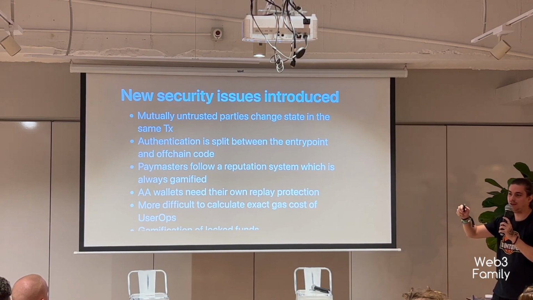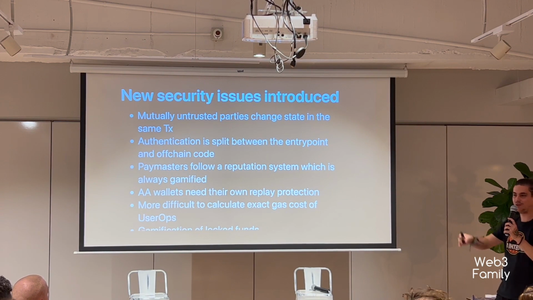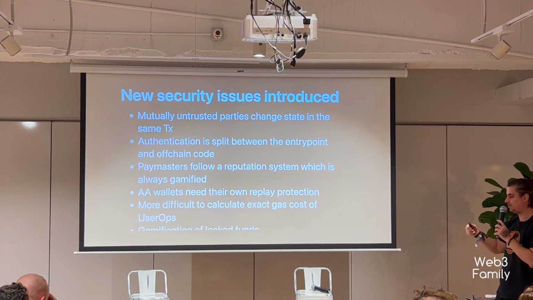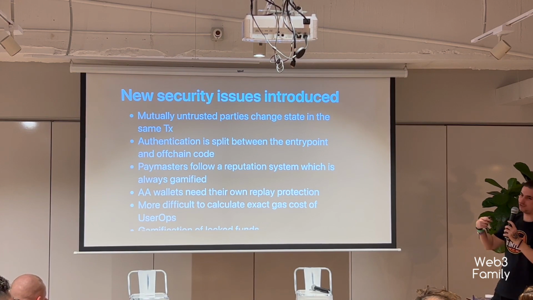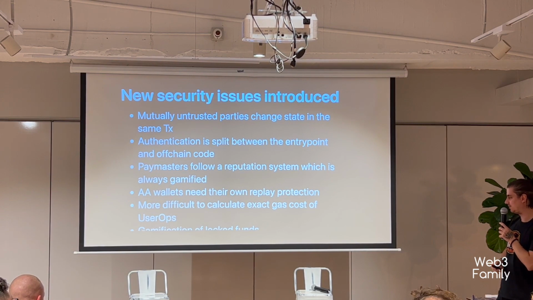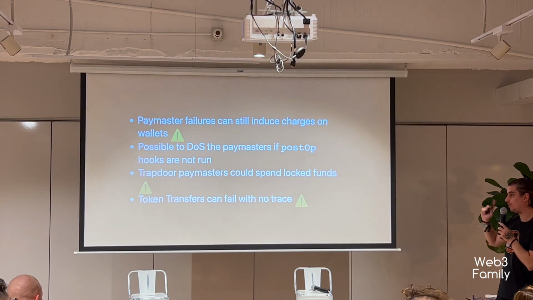You don't know how many other transactions are going to be in the UserOps, so you kind of have to rely on the bundler here. You can try to simulate through one of the services I already mentioned, but simulations are not always correct. So you can't get an exact gas cost calculation of your transactions anymore, or your UserOps anymore.